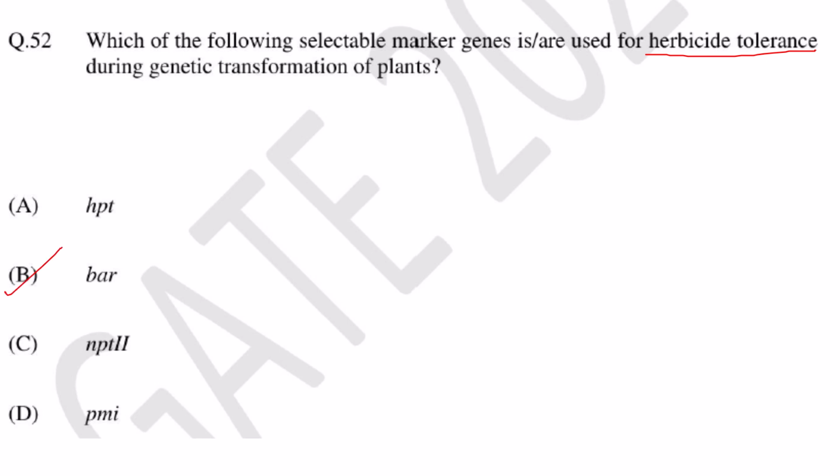So it is a herbicide tolerance gene. NPT2 is neomycin phosphotransferase and is used for kanamycin or neomycin resistance. PMI is phosphomannose isomerase. It is also not used for herbicide tolerance but for mannose selection. So the answer here is BAR.